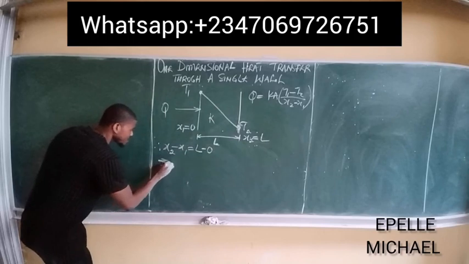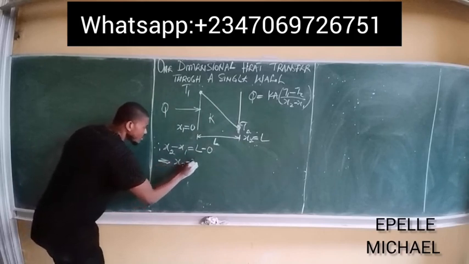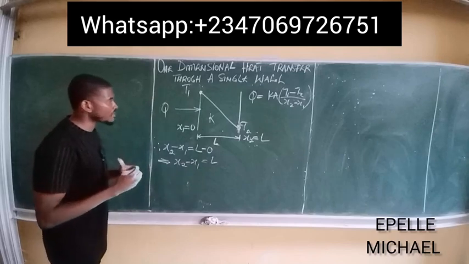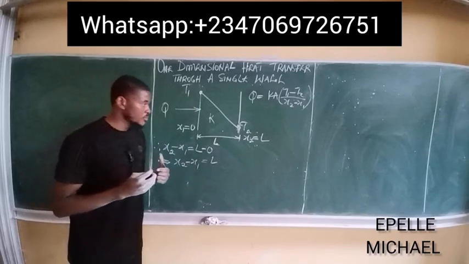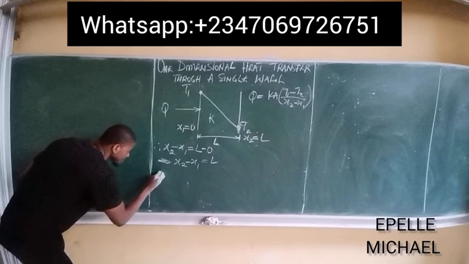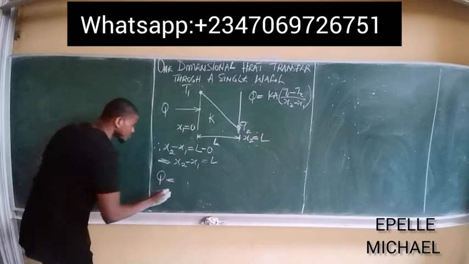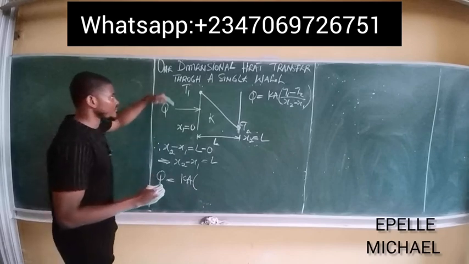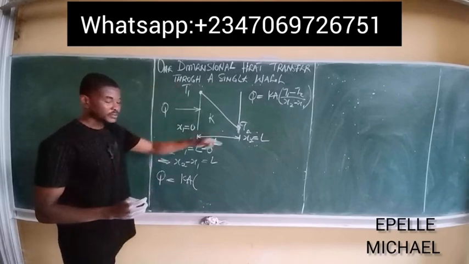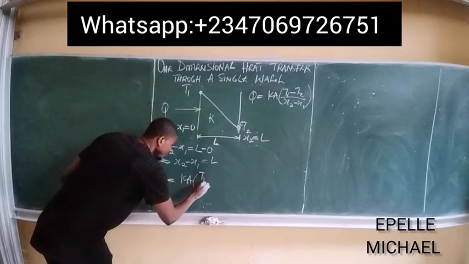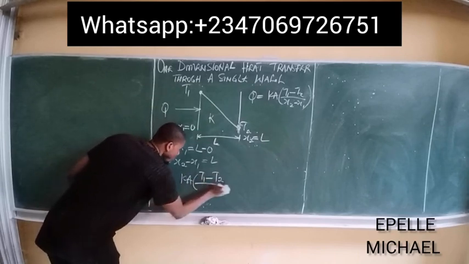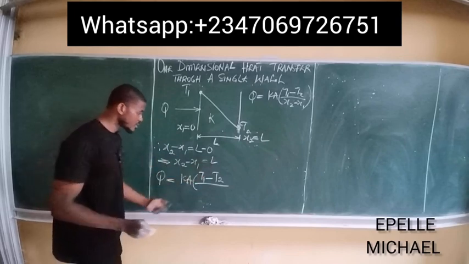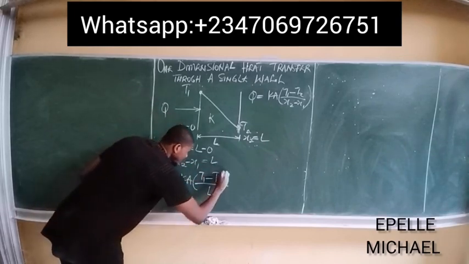So X2 minus X1 is equal to L. So for one-dimensional heat transfer through a solid plane wall, the heat transferred Q is equal to KA times the difference in temperature, the first temperature always minus the last temperature, so T1 minus T2, all over X2 minus X1, which gave us simply L.